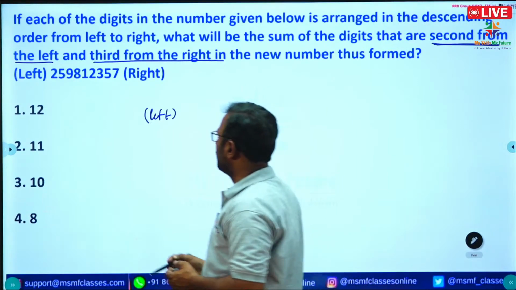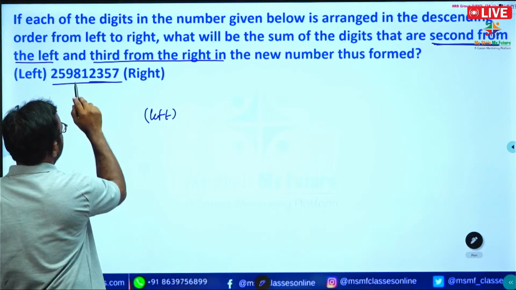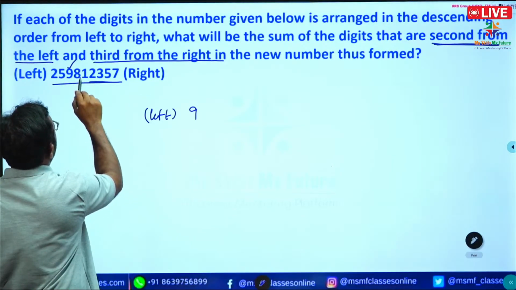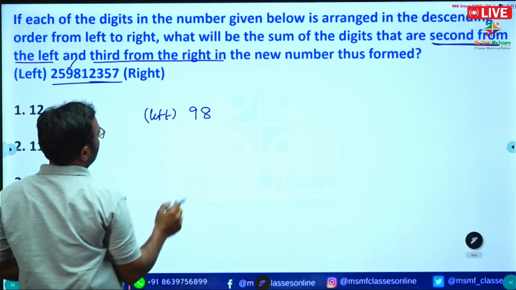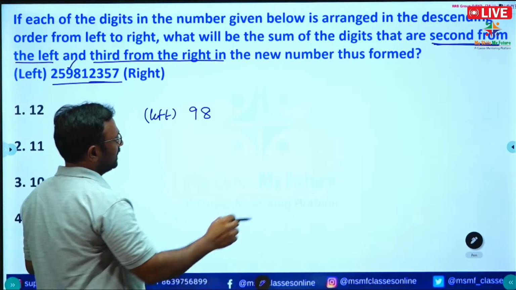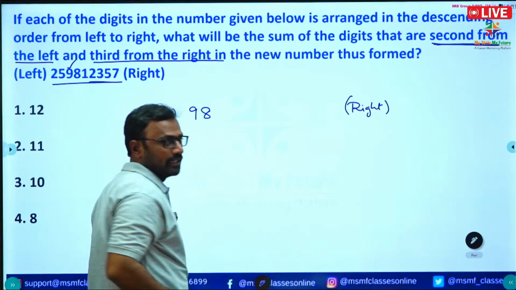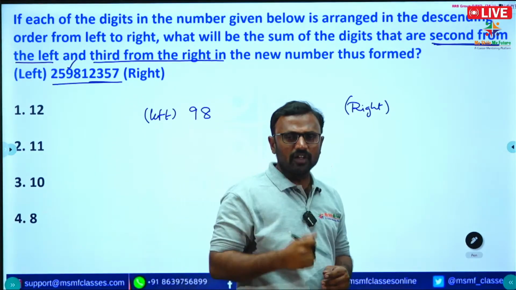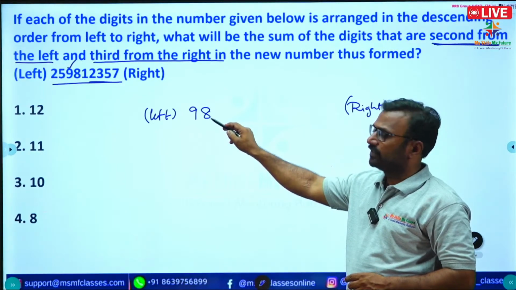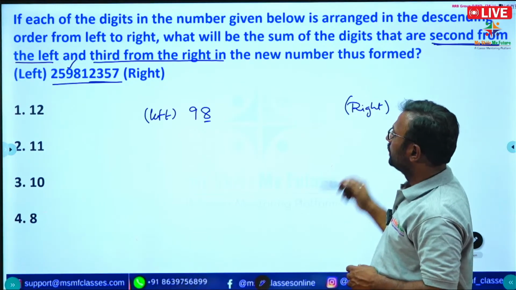So first of all, we arrange the number in descending order. Here we have the highest digit 9, and we have another 8. No need to write all the numbers from the left, just write the numbers from the right. Why? Because the question asks for the second from the left, that is 8, and third from the right.